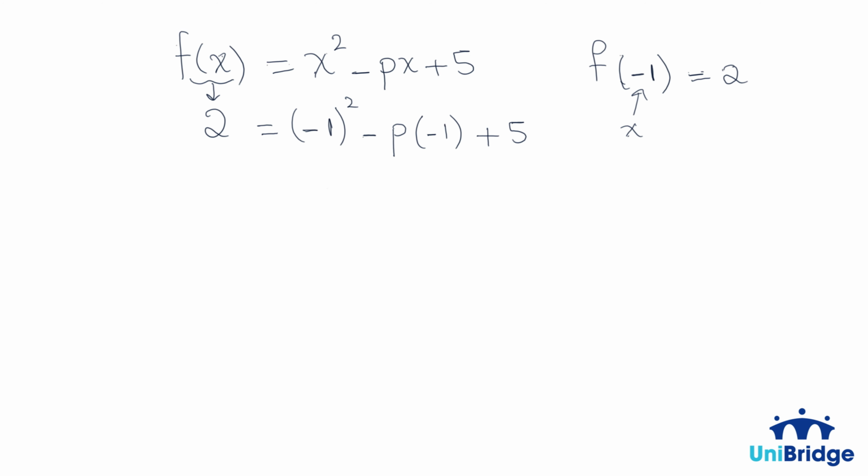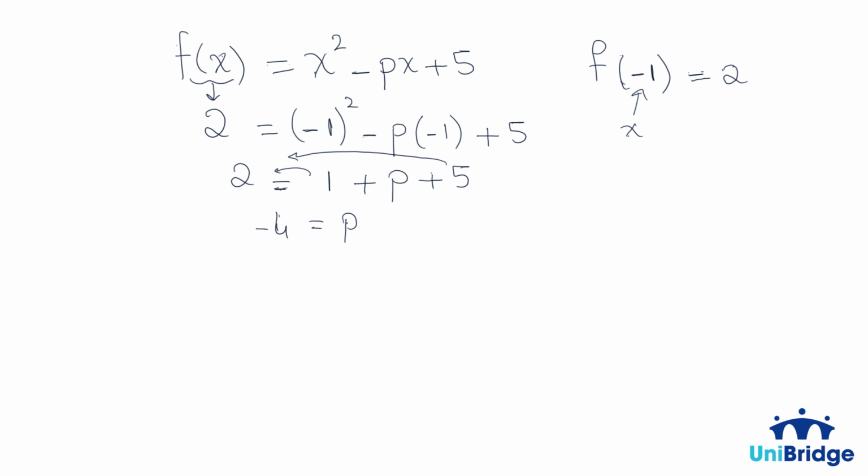So again, you'll end up with an equation that has only p as your unknown. So you're going to say that this is 1 plus p plus 5 is equal to 2, bringing these two terms to the other side by subtraction, you'll get that p is going to equal negative 4.